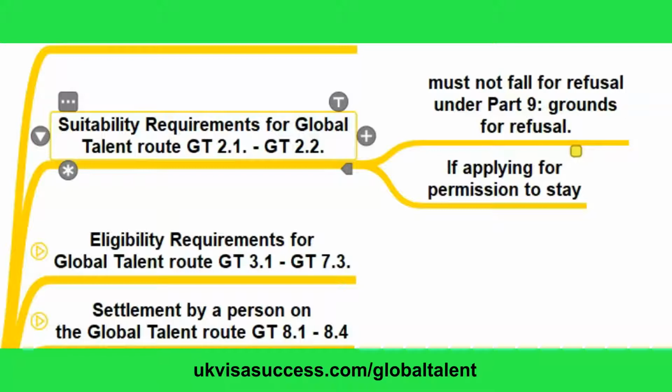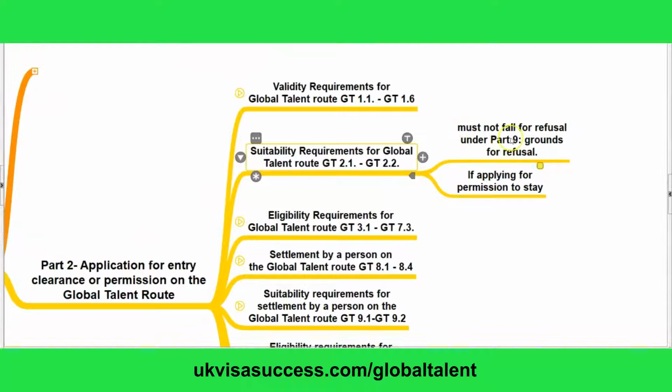So this is about criminal convictions, about deportation orders, exclusion orders, and about debts to NHS, litigation costs to Home Office, and so on and so forth. So the majority of people will meet these requirements. However, if you have criminal convictions, please make sure that you watch this video, because there I'll explain the rules about meeting the suitability requirements.